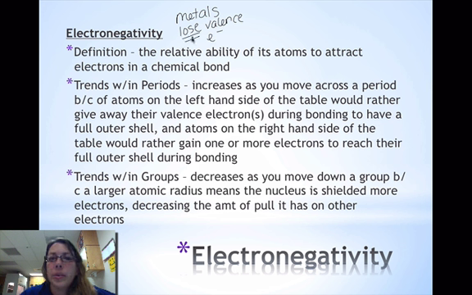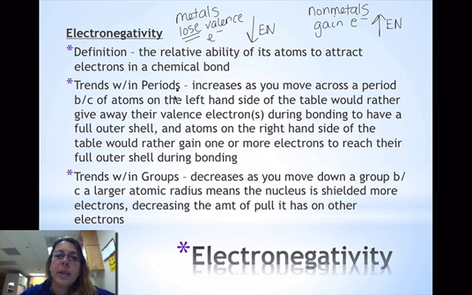They want to lose, which means they're going to have lower electronegativities as opposed to your nonmetals, which we know have 5, 6, or 7 valence electrons. They're looking to gain those electrons during bonding. So they're going to have much higher electronegativities because these are the ones that want to pick up electrons, so they have high electronegativities. These guys want to lose their electrons, so they don't attract much during bonding at all.